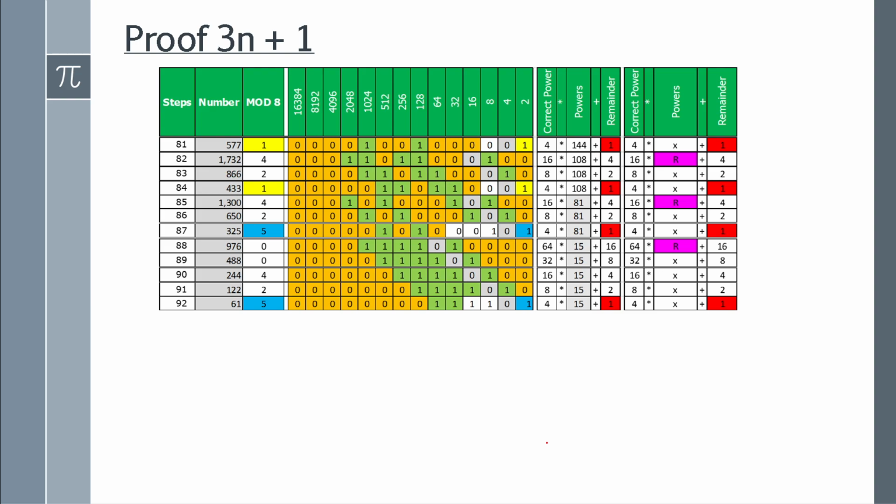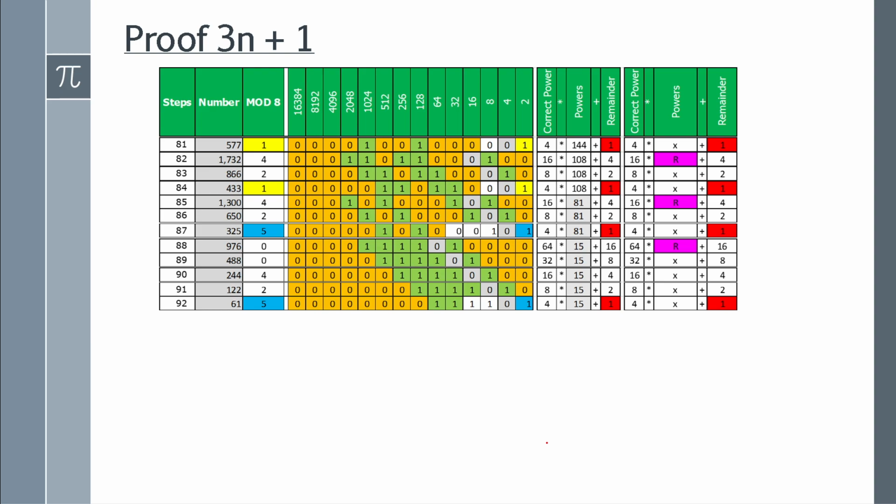And you see on this screen we have 2 4-2-1 loops that happen. The only difference is we do not have a 0 on the power side, right? We have some type of power out there, right? So we're at 108, 81, 15, right? But these numbers are decreasing, right?